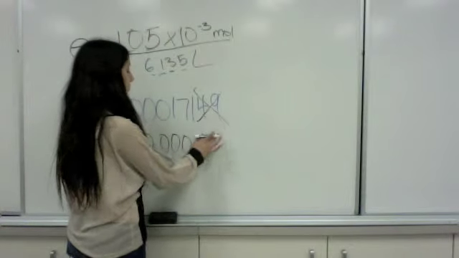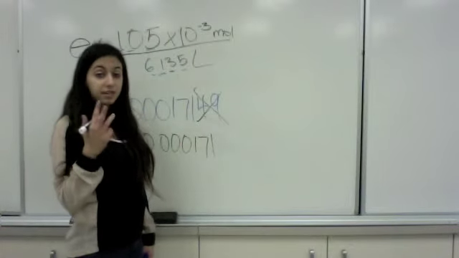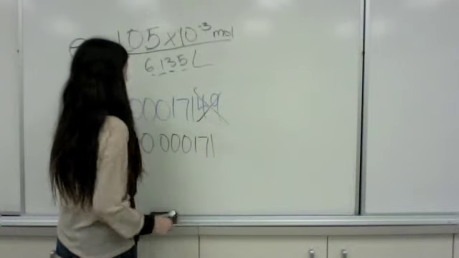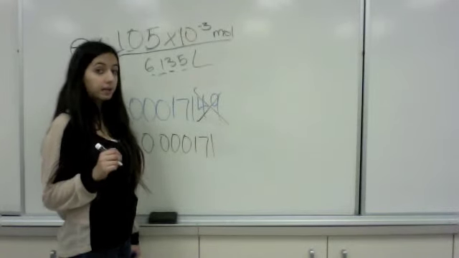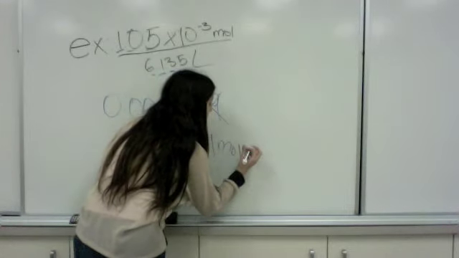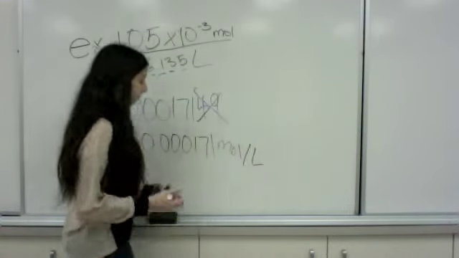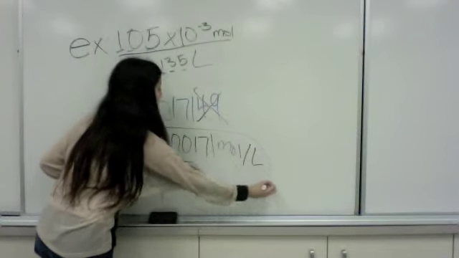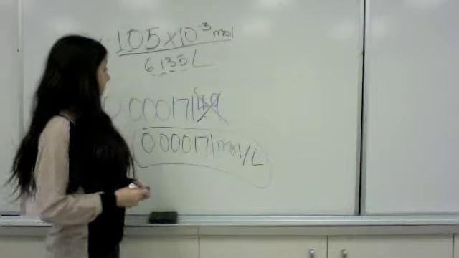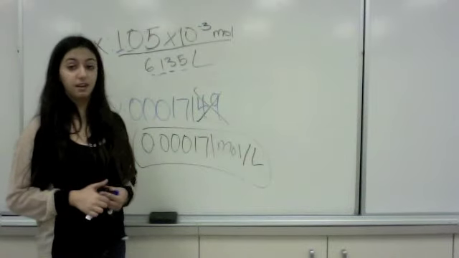We got rid of 4 and 9 since all we needed was 3 significant numbers, and we have them right here, 171. Now, don't forget to put in your units, which would be moles per liter. And this would be your answer, and that's how you keep track of sig figs when using multiplication and division.